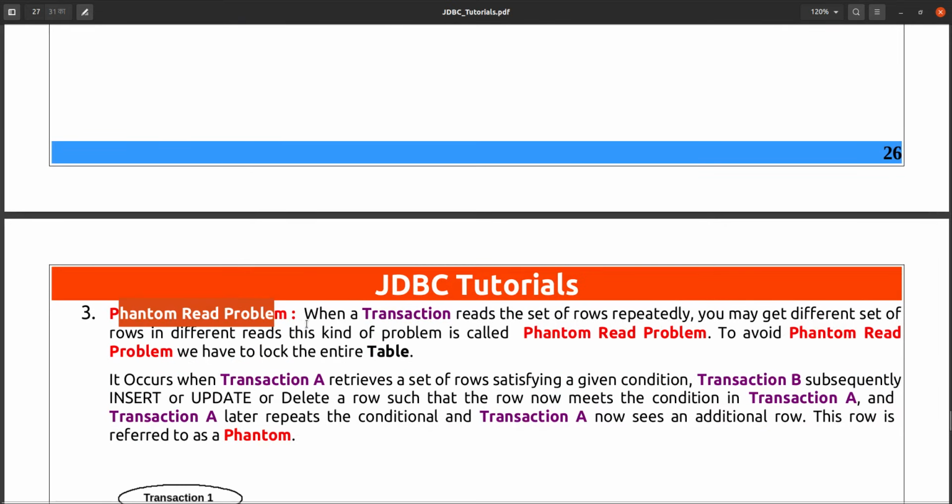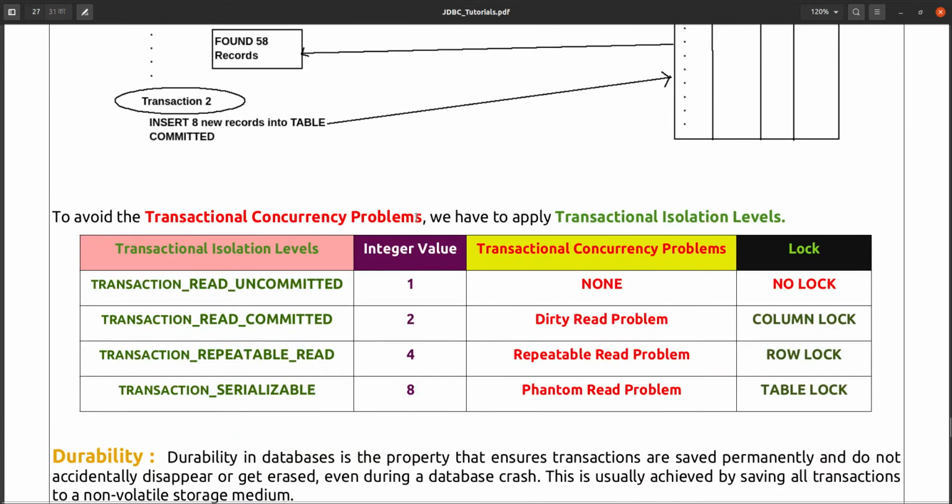And to avoid these problems, we have to apply the isolation level. And isolation level is nothing but locking only, meaning we are applying a lock. From the JDBC sense, you are applying a transaction isolation level, which is nothing but applying a lock.